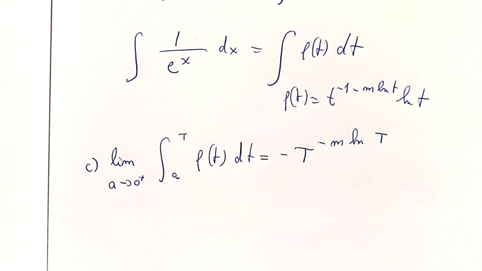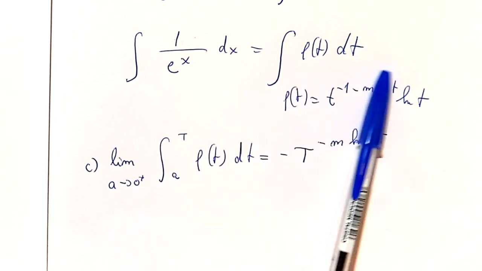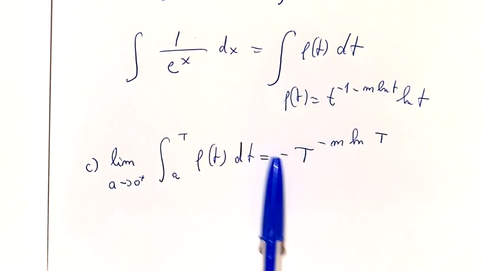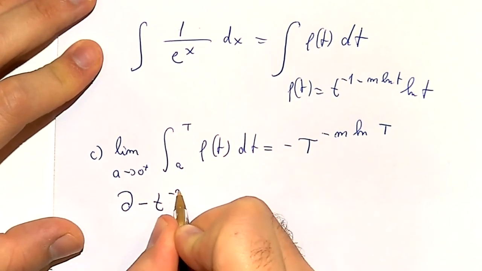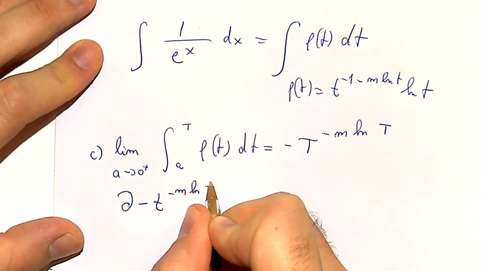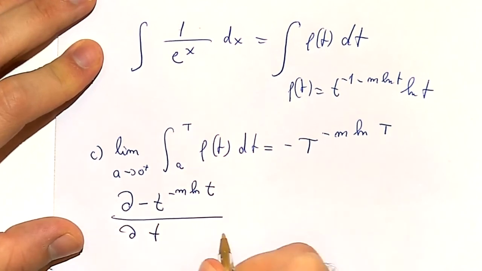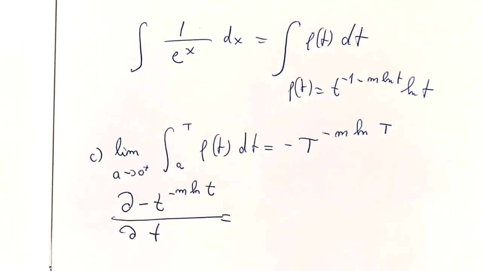Okay. And now we're going to do exactly like we did in the other part. This is like a limit of a definite integral. Mine is indefinite here, but still, I have the same form. So it's natural to just think of what happens if I take a derivative of minus t minus m log of t with respect to t. I'm not even going to compute it. My intuition says that you're going to get exactly f of t. I don't know.